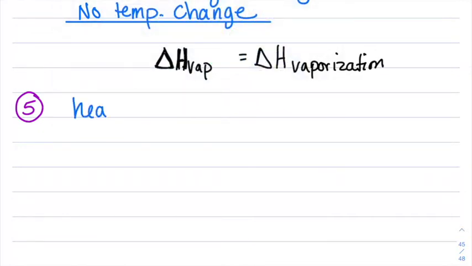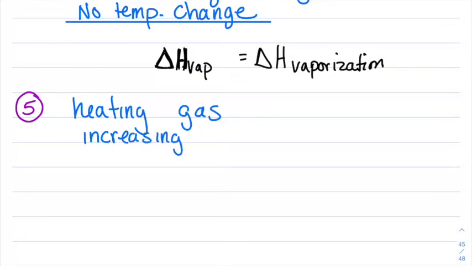So here we are heating gas. And since we are increasing our temperature, we are going to be able to use that Q equals MC delta T, like so.